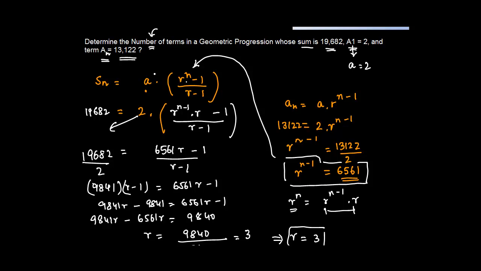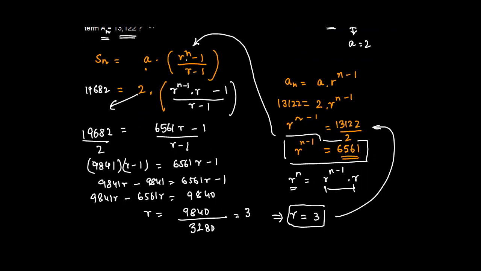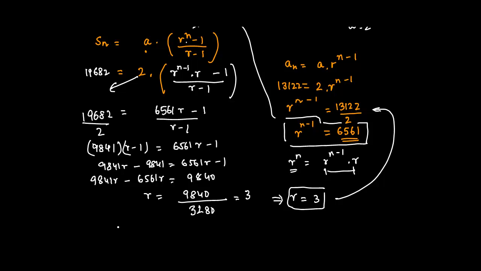But what do I need to find out? I need to find out the value of n. Now if I put this value of r in this equation, what would I get? I will get 3 to the power n minus 1 is equal to 6561. Right? But 6561 itself is nothing but 3 raised to the power 8.